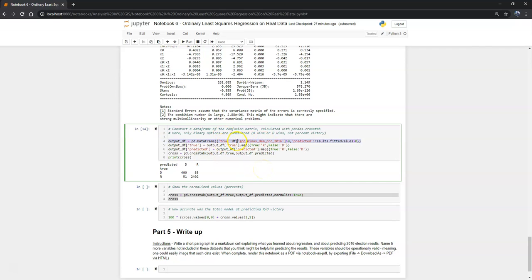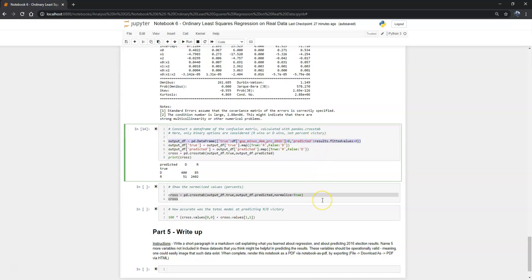The true values were how the vote actually came out in 2016, but wherever those values are over 0, in other words, wherever Republicans got the preponderance of the vote, we'll put a true, and if Democrats had more votes, then it's false. And we do the same thing with our predicted results.